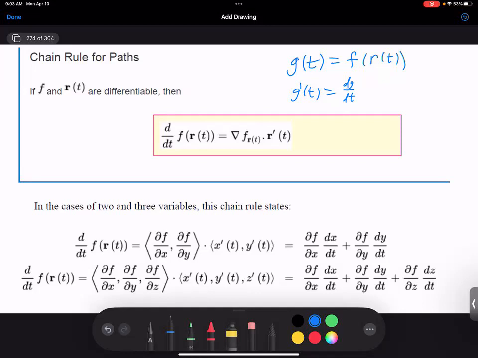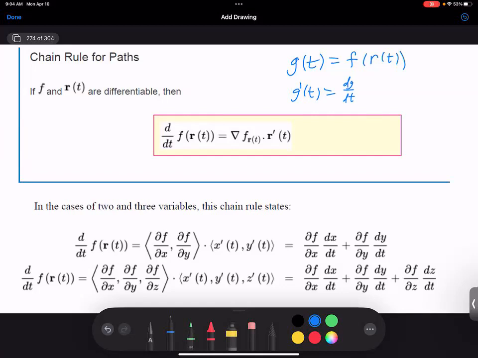And that's what the chain rule for paths allows us to do. It converts this problem of a composition of functions into 2 simpler problems. What we would have to do if we didn't have this rule is take our function f, shove in x of t, y of t, z of t, expand everything out, have this monster mess in terms of t, and then differentiate that with respect to t. We can do that.